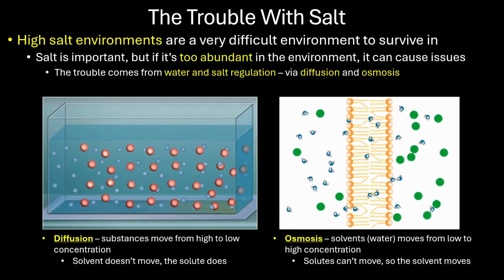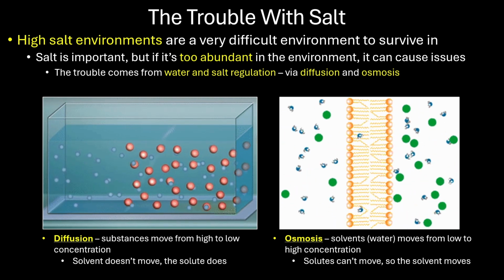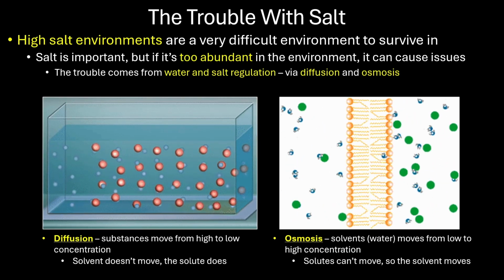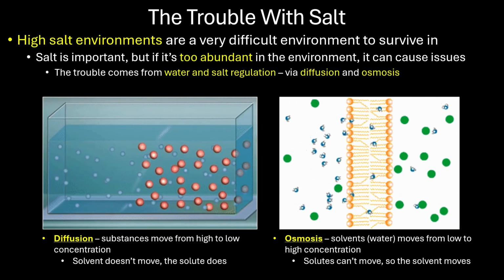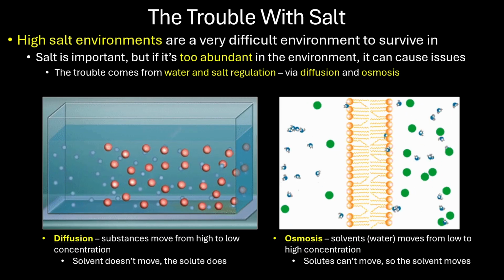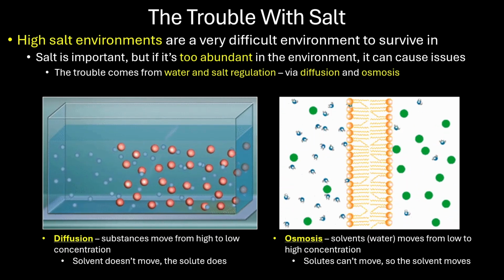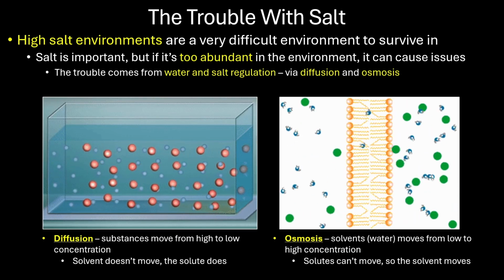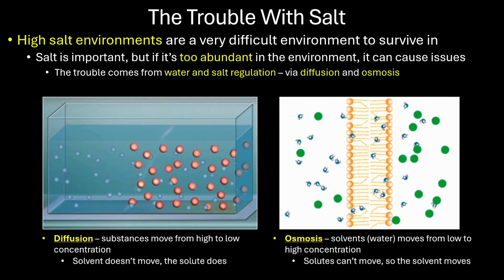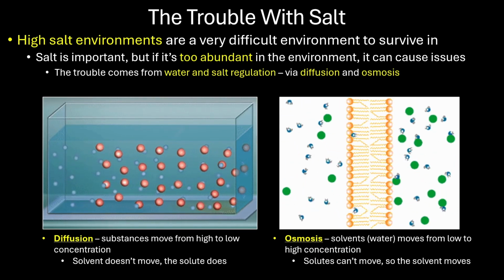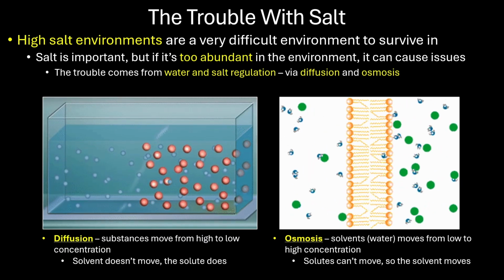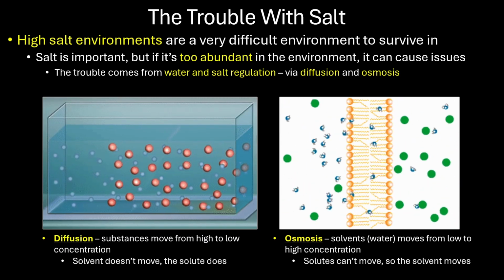Osmosis is a diffusion process as well, but it only occurs across semi-permeable membranes, like, for example, our cell membranes. Our cell membranes, if you remember, don't really keep everything out. There are some things that can easily move between the phospholipids of the bilayer.